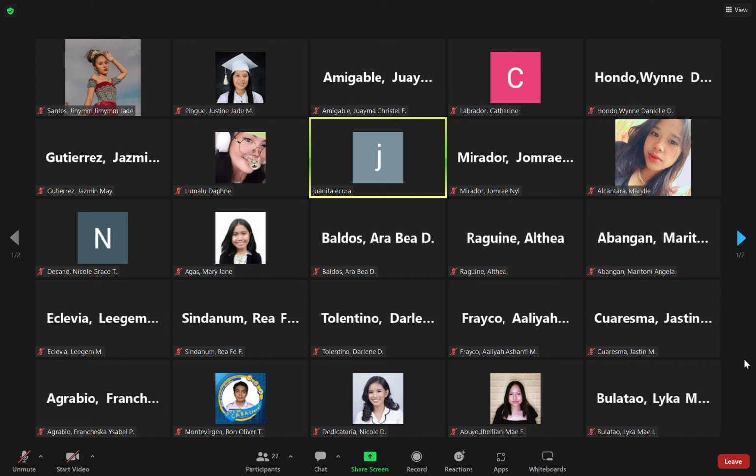So for product A, desired profit is 15%. That is 15% of the sales. Ano? And for product B is 12%. So magkano ang share in joint cost ni byproduct A? 6,000 sales revenue minus manufacturing cost after separation o yung tinatawag na separable cost, 1,100.